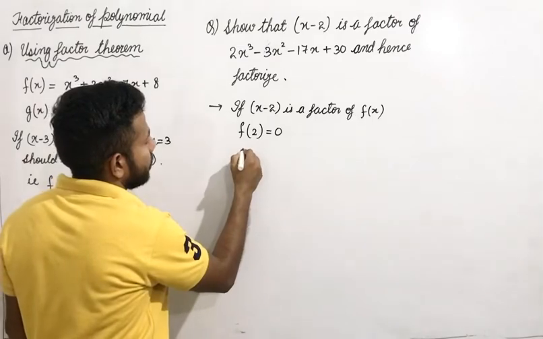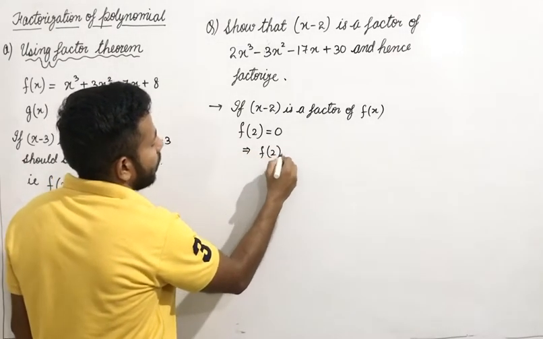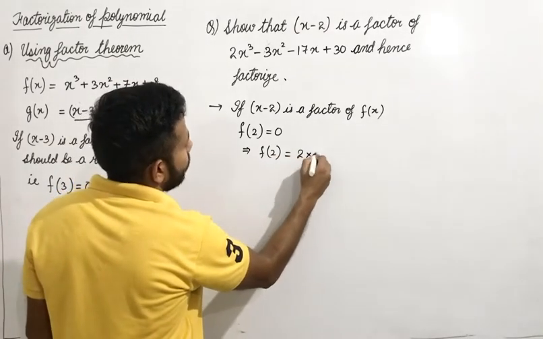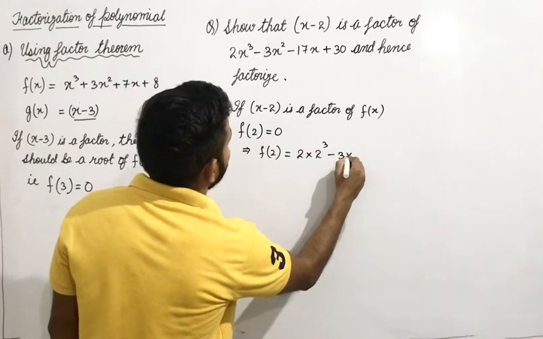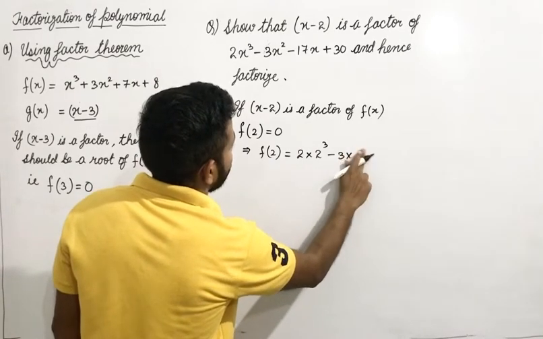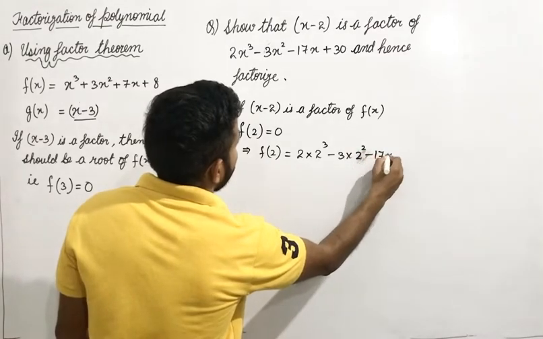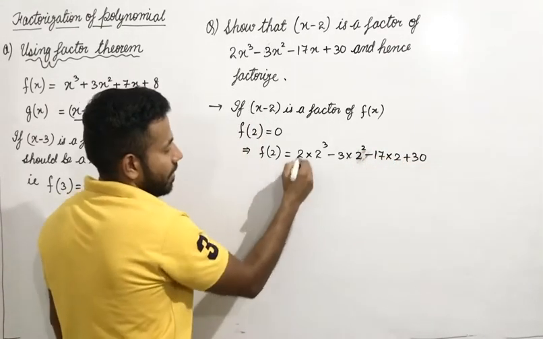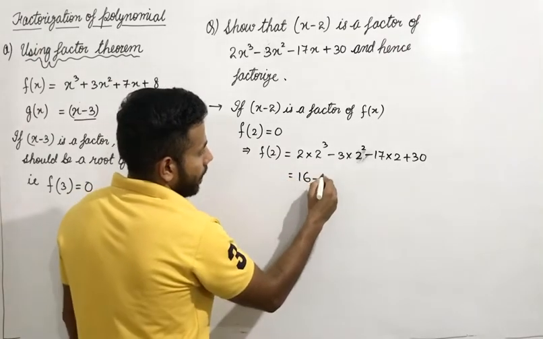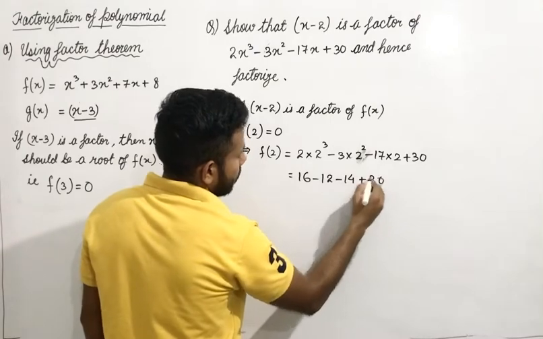f(2) equals 2 into 2 cube minus 3 into 2 square minus 17 into 2 plus 30. This is 16 minus 12 minus 34 plus 30.